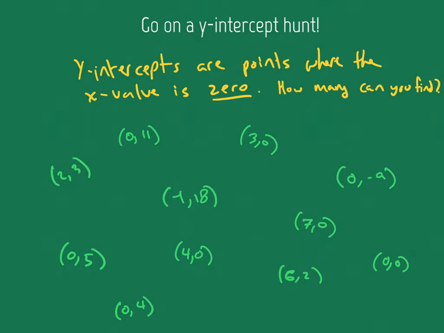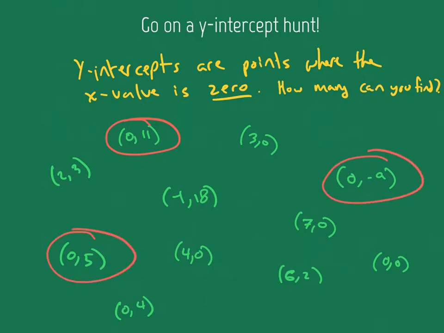All right, let's see how you did. The y-intercepts that are on this page are (0, 11), (0, -9), (0, 5), (0, 4), and (0, 0). A couple were meant to kind of try to trick you. Any of the ones that have 0 as the y value, those are not y-intercepts.